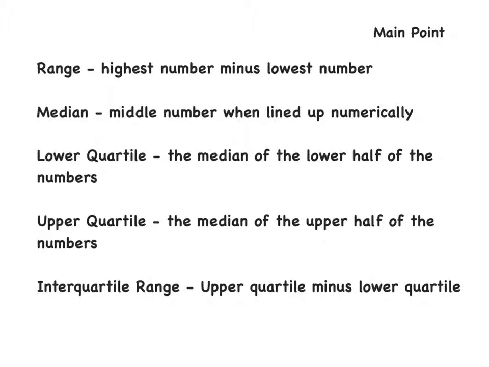Then you have your upper quartile that splits the upper half into 2 more groups. So you're going to have 4 groups. Since there are 4 groups, that's why they call it a quartile, because it'd be sort of like quarters. So there are 4 different sets. So that's why they're called quartiles.